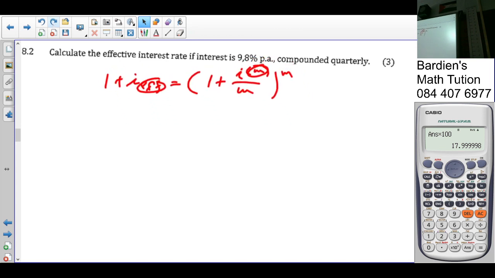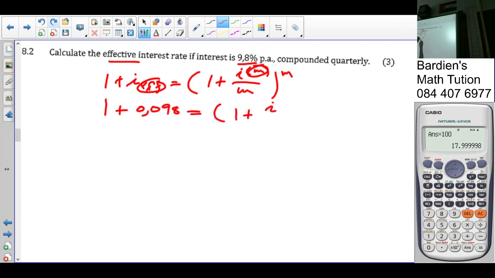I'm going to take the circles away. So, calculate the effective interest rate. That is i effective. So it's 1 plus 0.098, that is 9.8 divided by 100, into 1 plus i compounded quarterly, over 4 to the exponent 4.